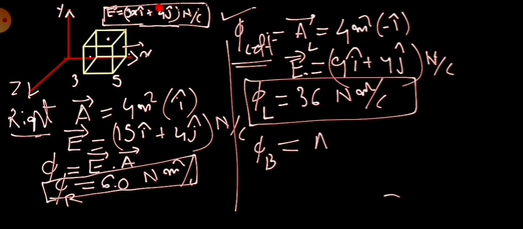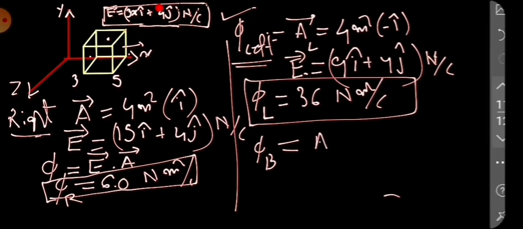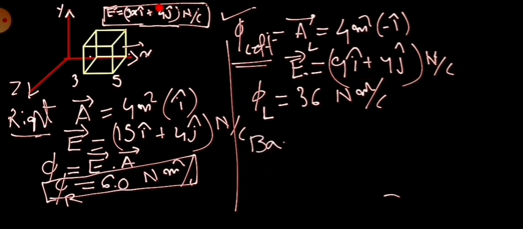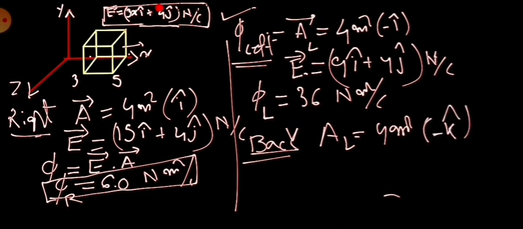For the flux through the back surface, the area vector is 4 meters square in magnitude, pointing outward, which is minus k cap. When you take the dot product, i cap dot k cap is 0 and j cap dot k cap is 0, because the electric field is in the xy plane.